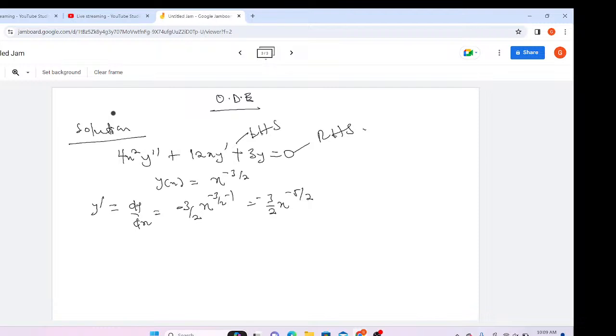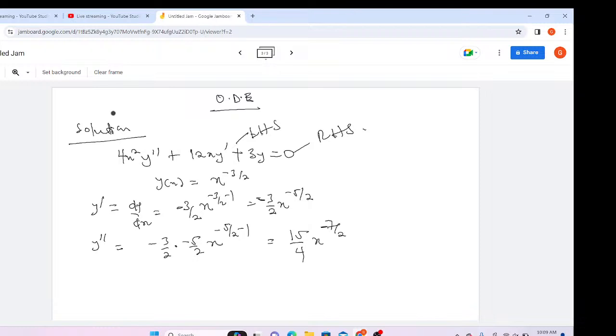Now the equation has y prime prime, so we differentiate again: minus 3 on 2 multiplied by minus 5 on 2 x exponent negative 5 on 2 minus 1. This gives us 15 on 4 x exponent minus 7 on 2.